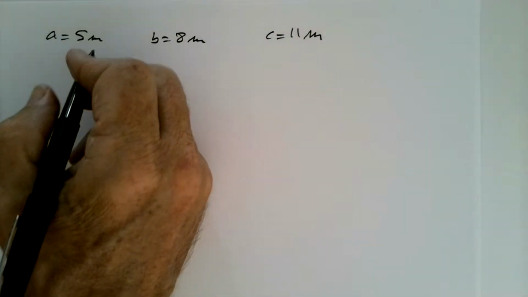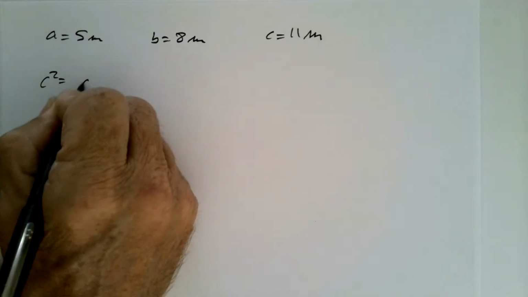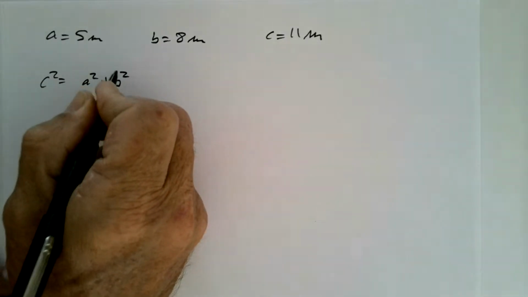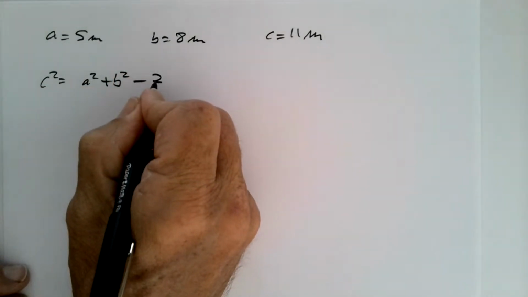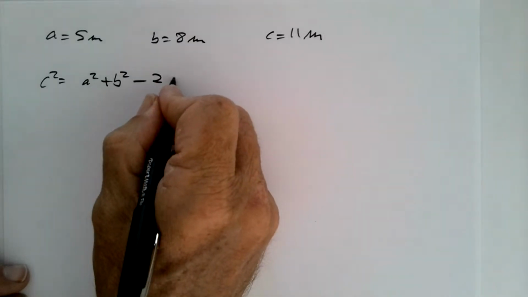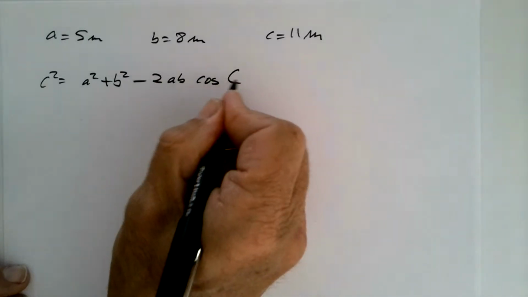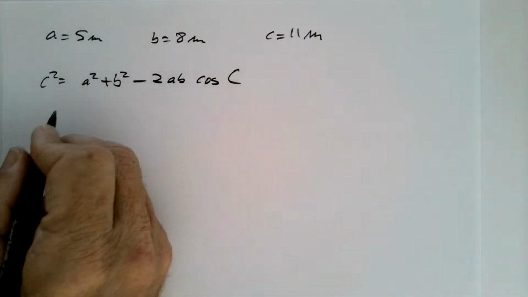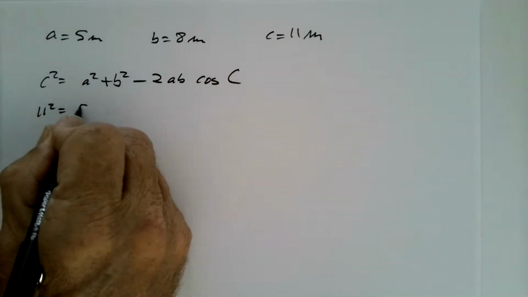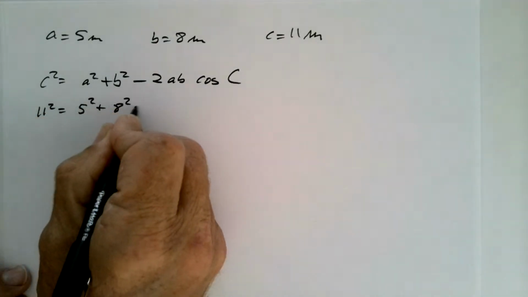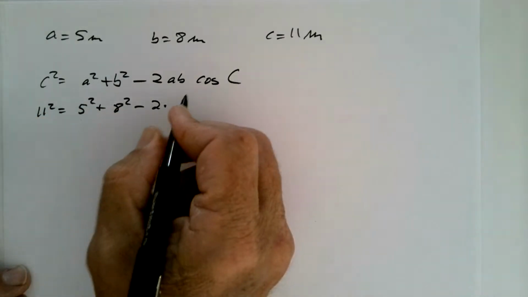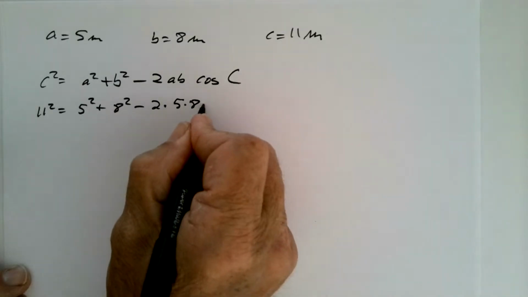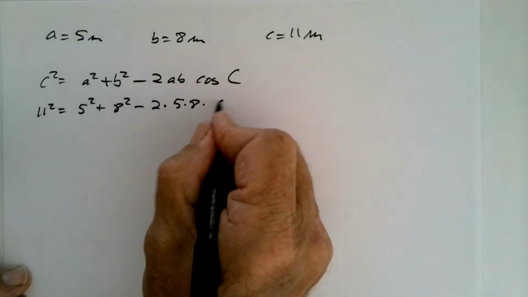We'll use the law of cosines version. C squared equals a squared plus b squared minus 2ab cosine c. C squared, 11 squared, equals 5 squared plus 8 squared minus 2ab, 2 times 5 times 8 times cosine c, that's what I'm looking for.